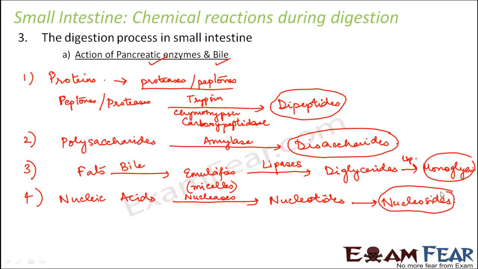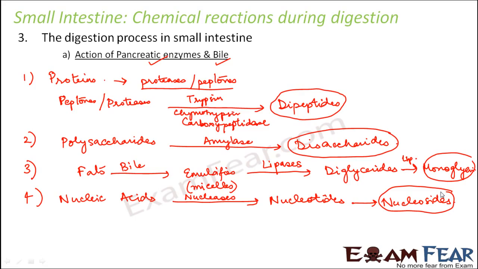Now in the next step we will see what happens when the intestinal enzymes also act on top of these. The intestinal enzymes are the enzymes secreted by the cells present in the mucosal layer of the intestine, like the brush border cells. The above steps happen by pancreatic enzymes.